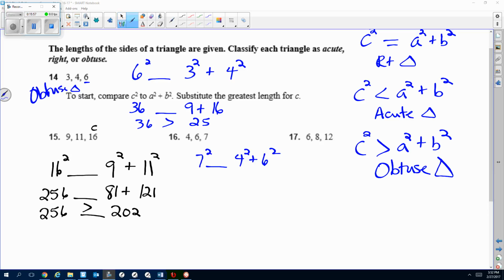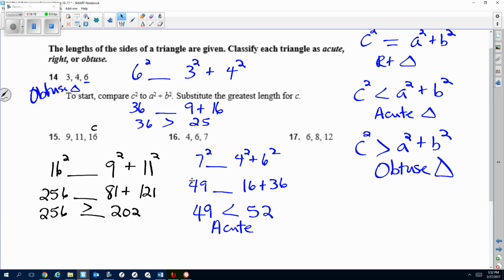All right, I'm hoping on this next one you did that, which gave you 49, and then 16 and 36, which ends up being 52. So 49 compared to 52 is less than, so we had acute. And then if we look here, start with our c again.